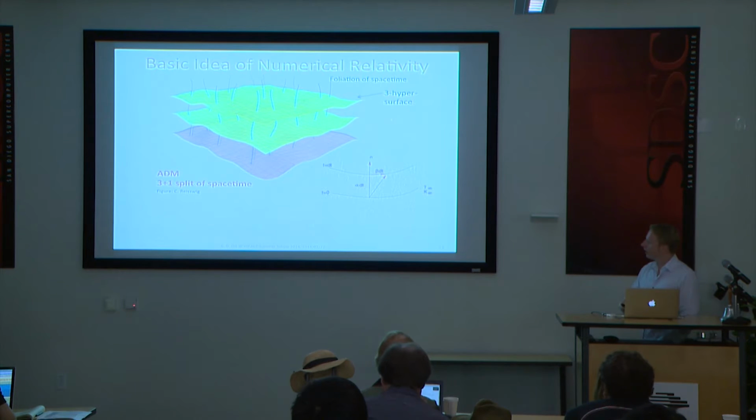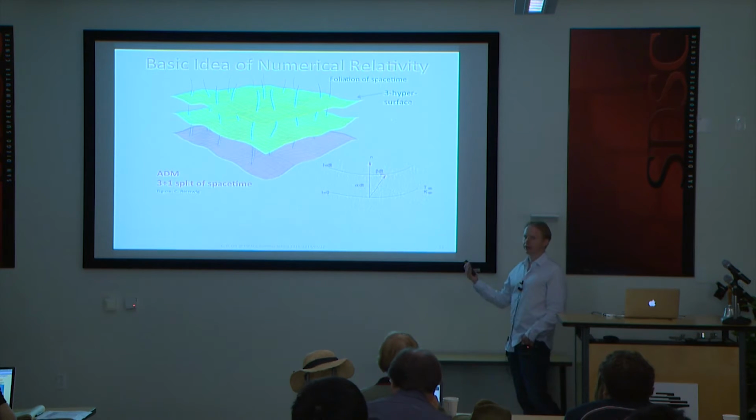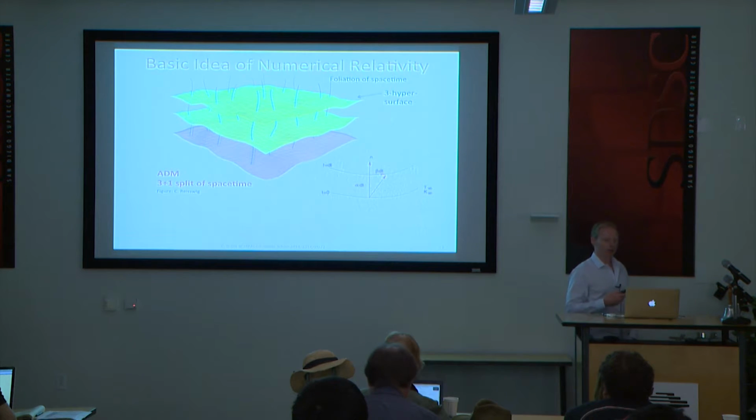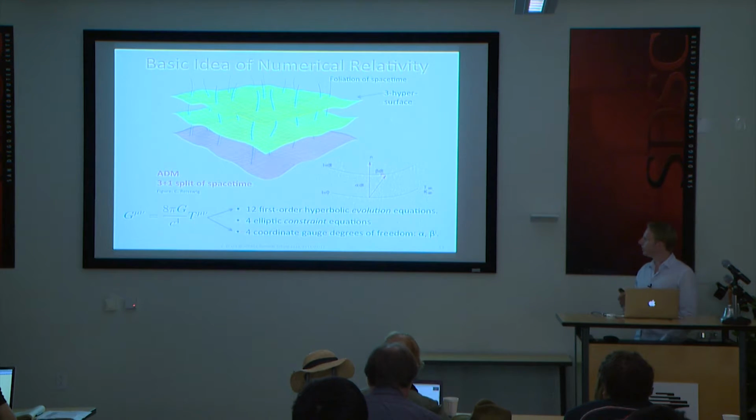vector. And if we use this split, this 3+1 decomposition, and apply it to the Einstein equations, we end up with 12 first-order hyperbolic evolution equations, so stuff that has a d/dt in front of it. We just integrate it in time. We get 4 elliptic constraint equations that we don't evolve in time.